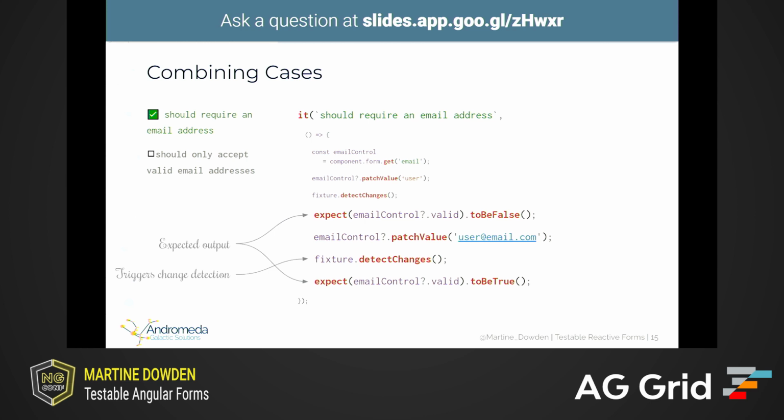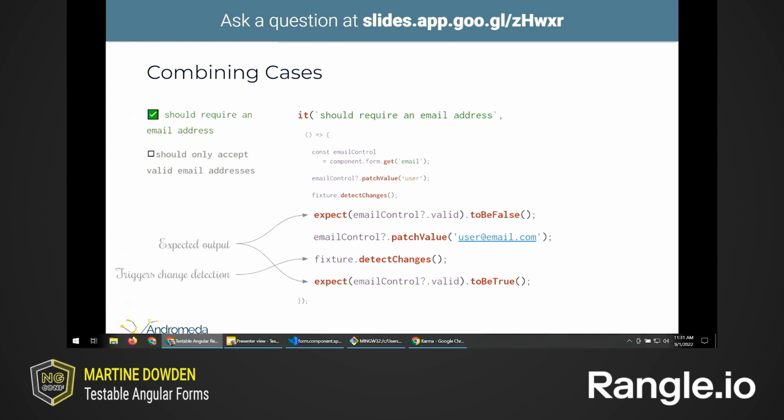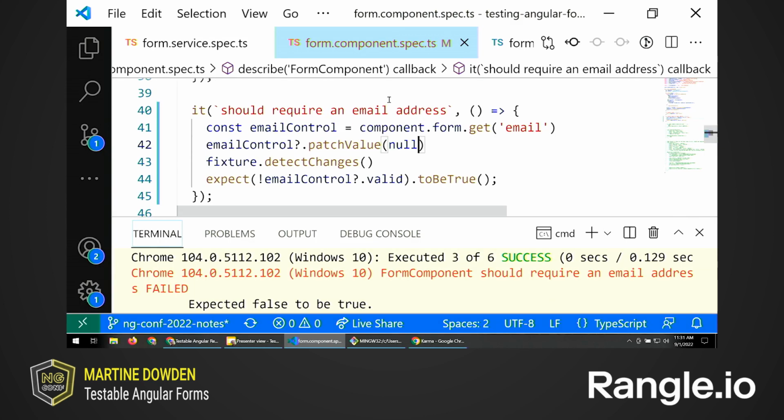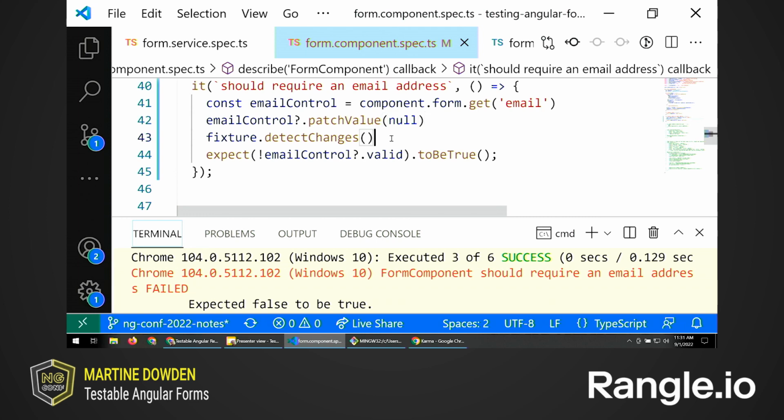Another option is to put both of the expects in the same test, right? So instead of writing two tests, I can say, okay, I want to check all of my invalid values, and I'm going to expect it to be true, and I can keep going.